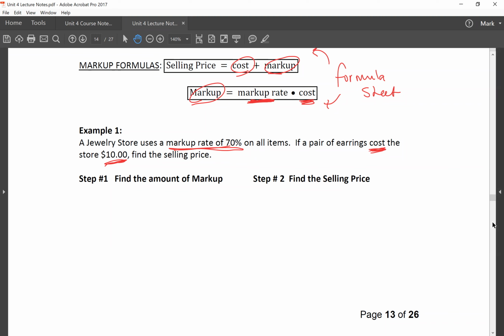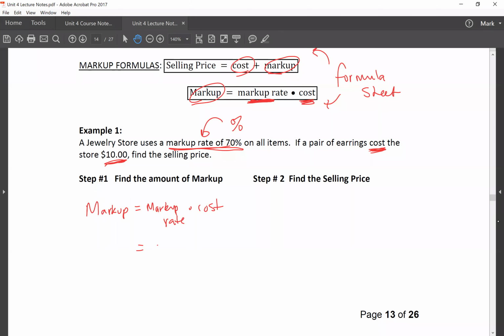Doesn't matter. It's $10. So the first thing I want to do is find the markup. You can just call this M if you want. So the markup is going to be the markup rate times the cost. Well, my markup rate, remember, when you see a percentage, it's a rate.